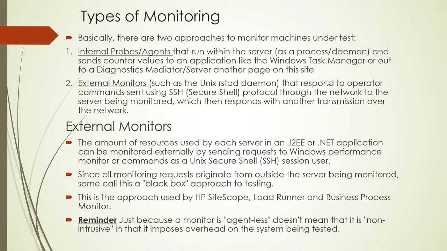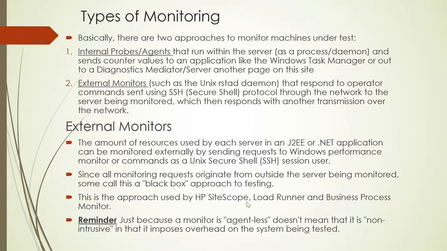We also need to understand that though it is agentless monitoring, the external monitors, it doesn't mean that it is non-intrusive. It has some additional overhead, even though it is an external monitor, because when we are dealing with the request and response from the servers, in order to get some metrics in return, it adds some ad hoc overhead on the servers, right?